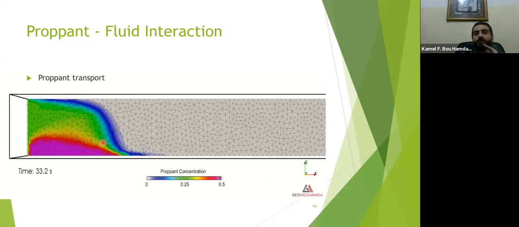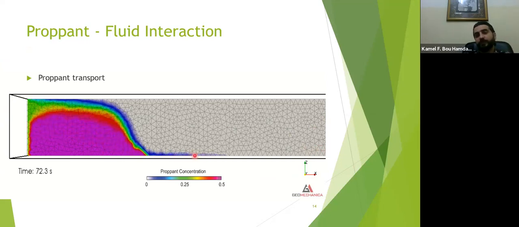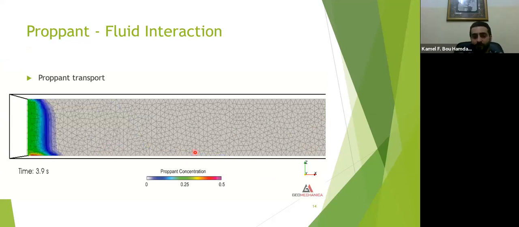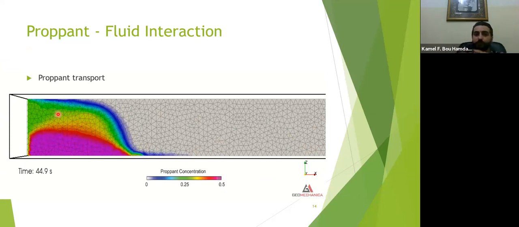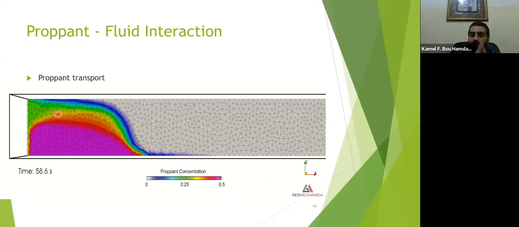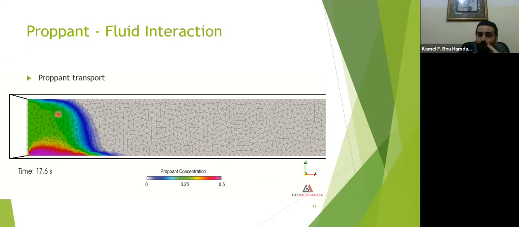It's not really going to reach the fracture tips. Somewhere over here, just very few proppants are going to be deposited at a further extent. So that's something that should be considered. The proppant transport depends a lot on the type of fluid you are using, whether it's slick water or cross-linked one, and the types of proppants you are using.